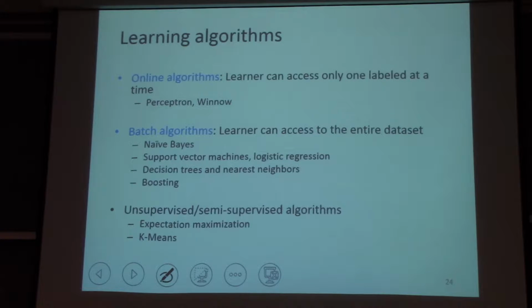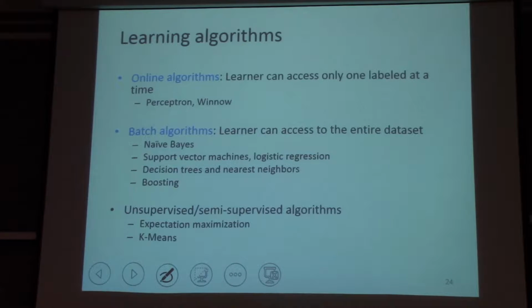In the online scheme, we'll be looking at 2 algorithms basically, perceptron and winnow. And in batch, we'll be looking at a whole bunch: naive Bayes, support vector machines, logistic regression, decision trees, maybe nearest neighbors, and a bunch of others.